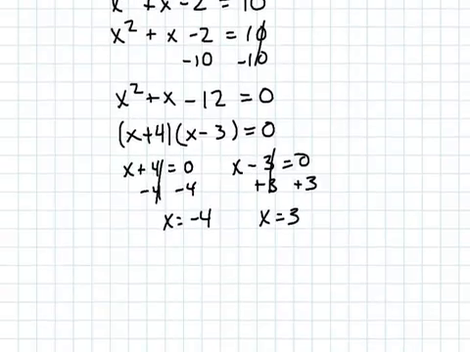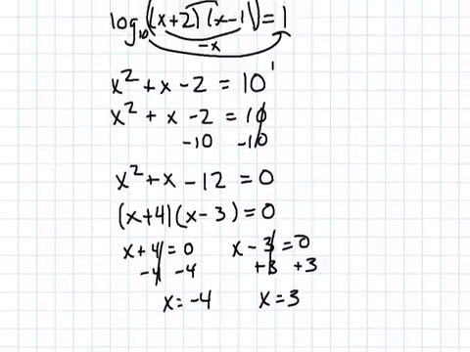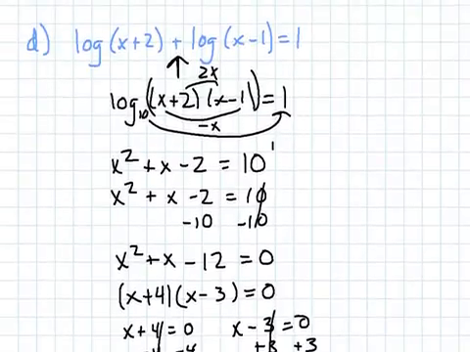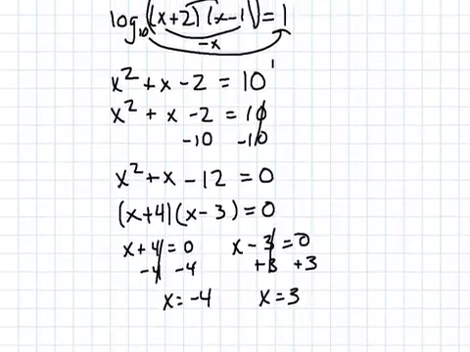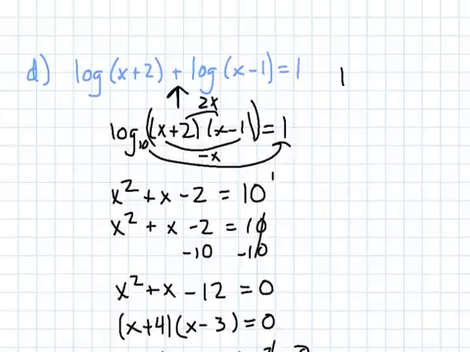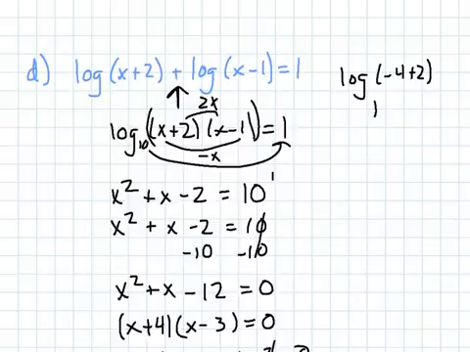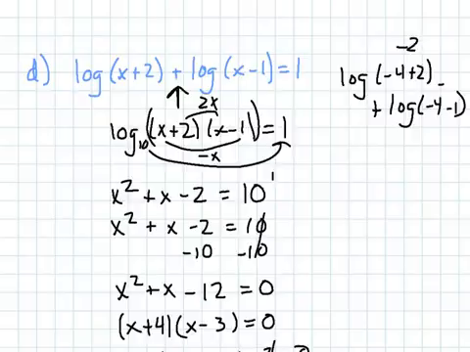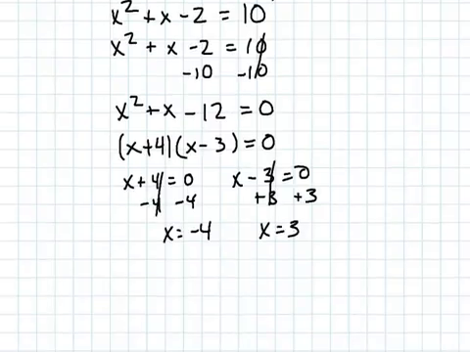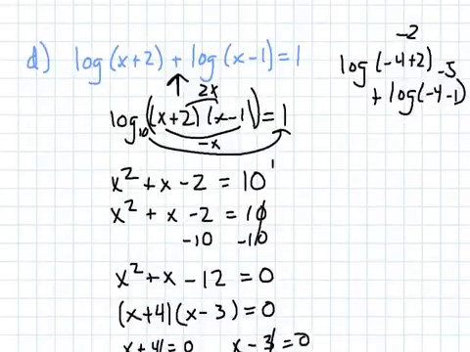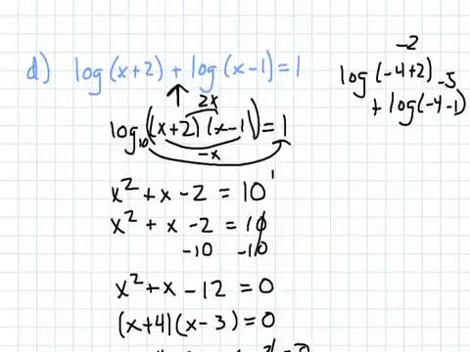Okay, so here you actually have two answers. Now I would go back and check to make sure none of them give you negative arguments. So like x equals negative 4, if I plug that in, this is negative 2 and this is negative 5, so negative 4 can't be an answer, because just like the ln of negative 2 doesn't work in your calculator, neither does log of negative 2 or log of negative 5.